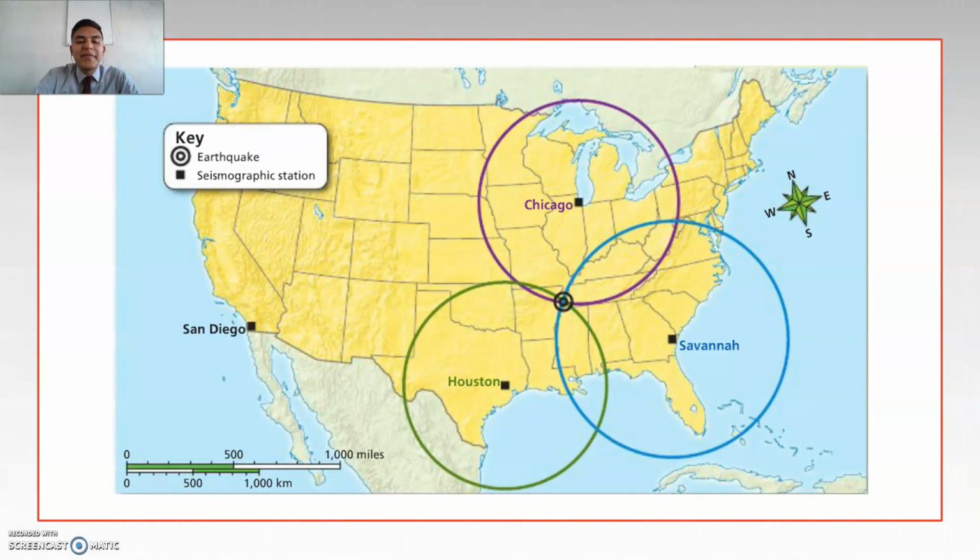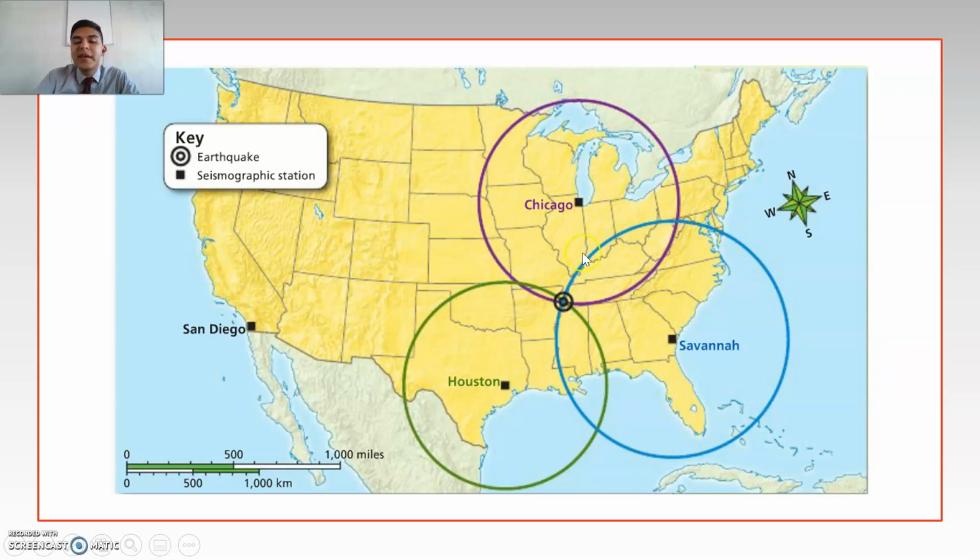All right. So here you go. Notice that we have 3 different seismograph stations. We have one in Chicago, one in Savannah, and one in Houston. So after they have analyzed the data that is coming from the earthquake, they are going to draw a circle around them, which is of course going to signalize a possible point from the earthquake.